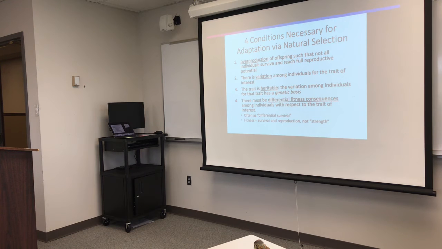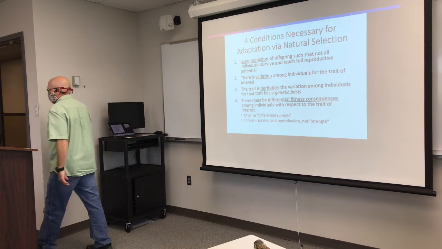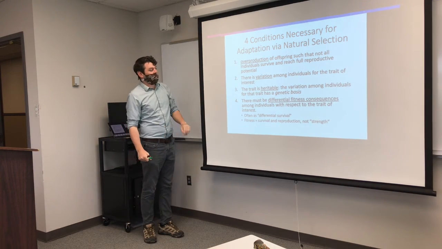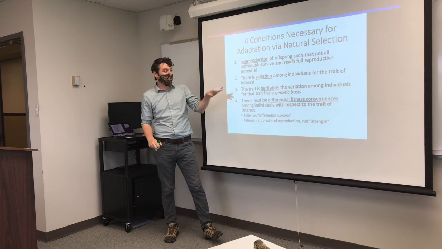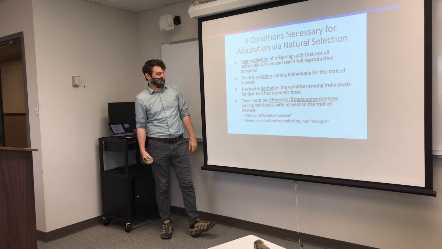Where'd you hear 19? 19 kids and counting. Do all human females reach that full reproductive potential? No. Well, they got other things to do, right? So that's fine. This happens. It doesn't mean that in that case there's too many people. What matters here is that not all survive and reach their full reproductive potential.